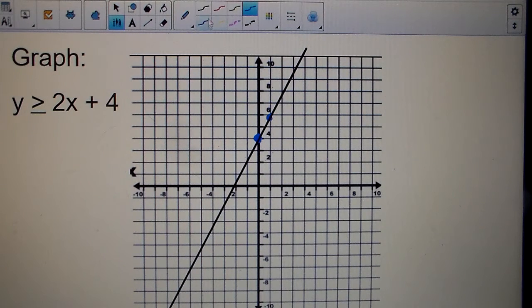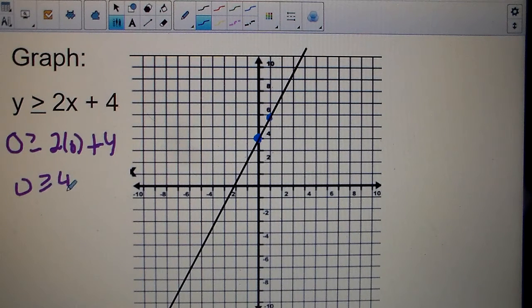Then next I'm going to test it. I'm going to say, hey, you know what? Is 0 greater than 2 times 0 plus 4? Is 0 greater than 4?